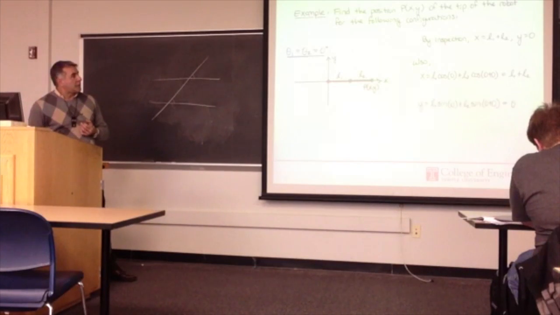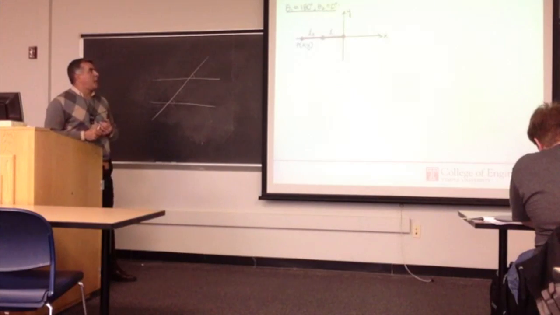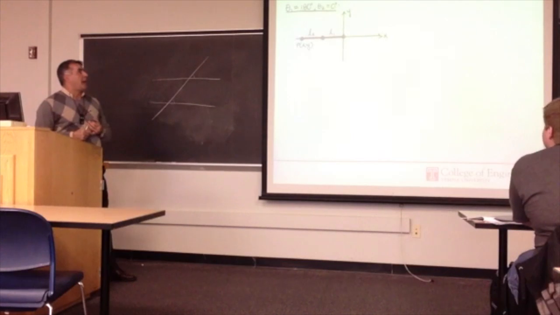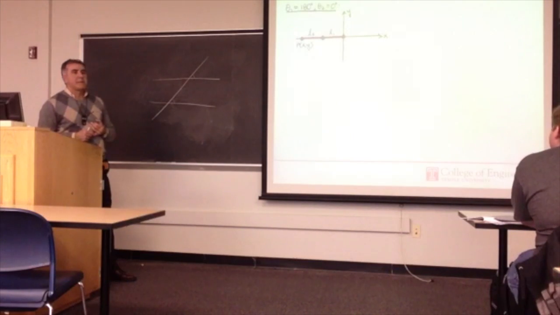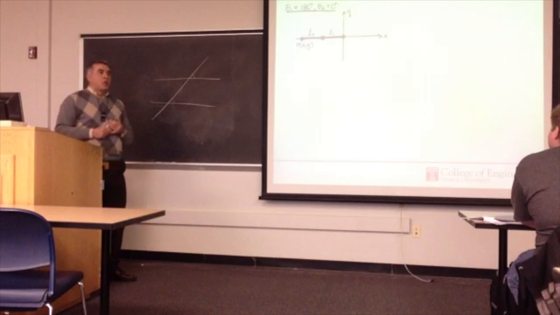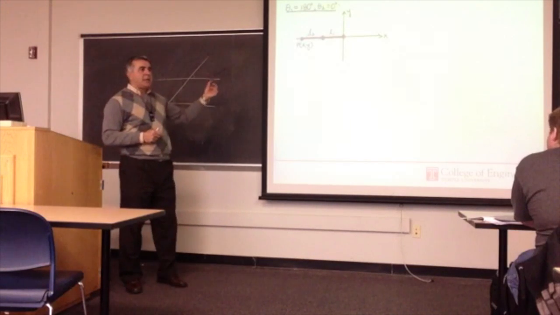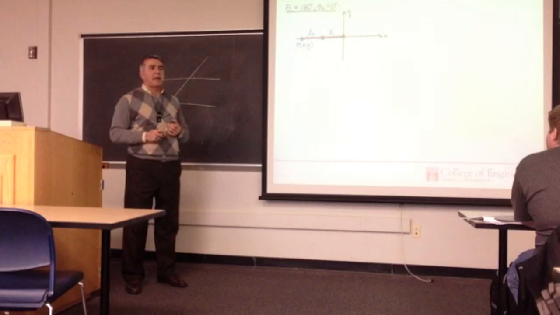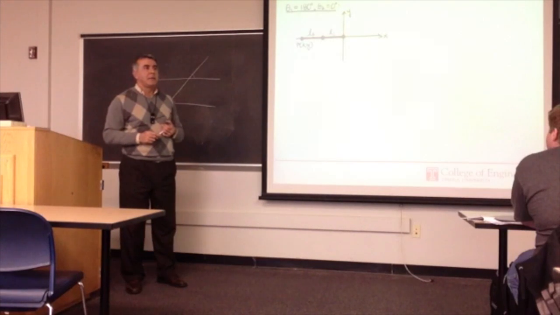Let's look at another example. This one: theta 1 is 180 degrees and theta 2 is 0 degrees. Do you agree with this? First of all, what is theta 1?